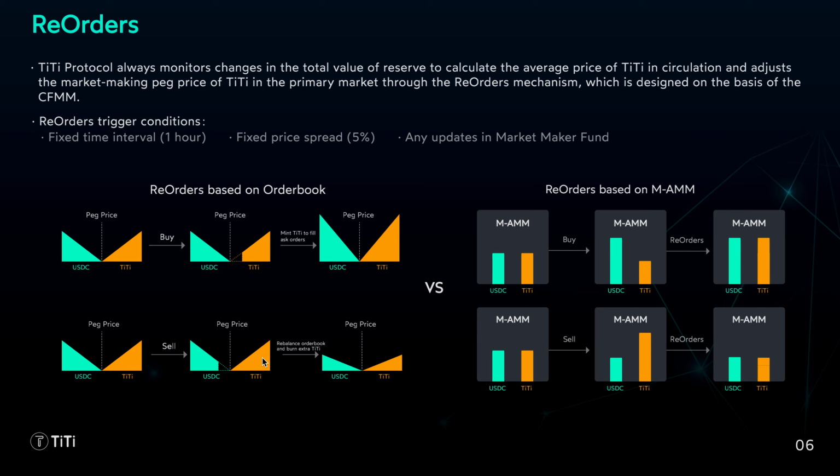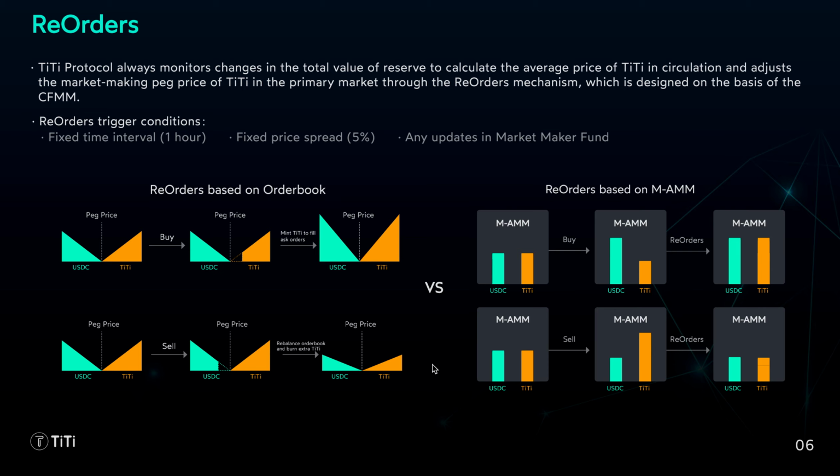The demand for TiTi is getting smaller, so the protocol will withdraw a part of the selling order, burn a part of the TiTi, and reshape the order book according to the USDC left in M-AMM. That is how the price returns to $1. We call the reshaping process of the order book the reorder mechanism, which is also the core reason why TiTi can continue to be maintained at $1.